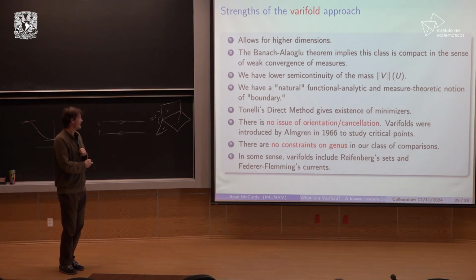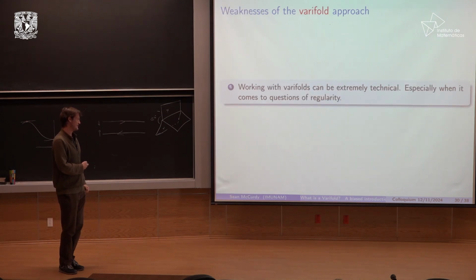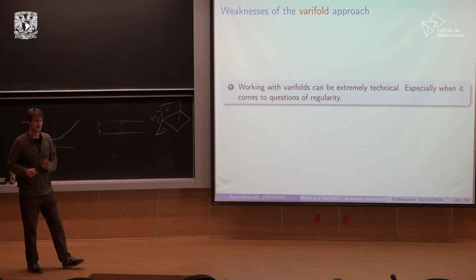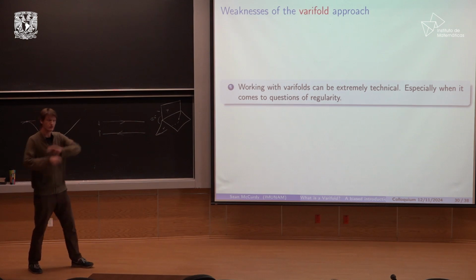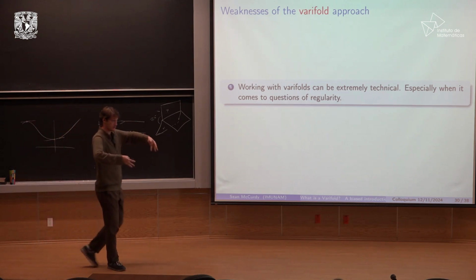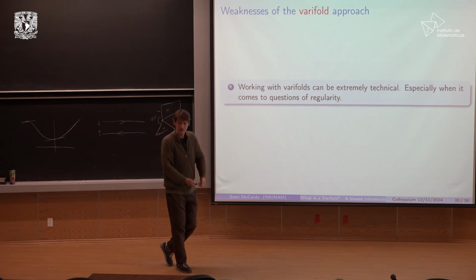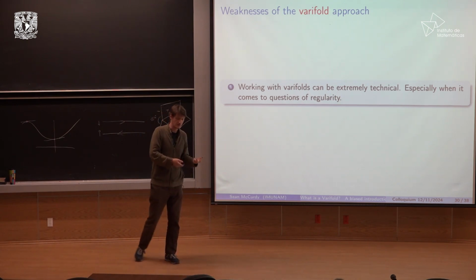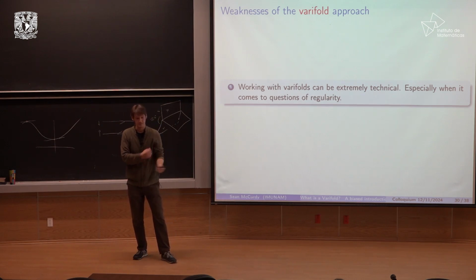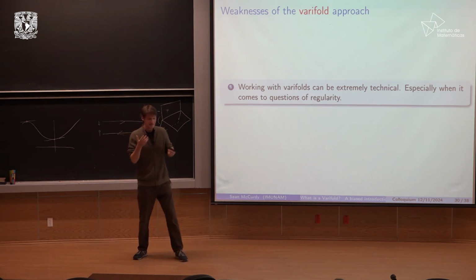Okay. But I've talked about weaknesses for everyone else, and so I have to talk about the weaknesses of the varifold approach. In my opinion, the weakness is that it can just be really technical, especially when it comes to questions of regularity. We focused today on the frameworks by which we would obtain existence in these problems, but remember that the direct method of the calculus of variations has this trade-off.